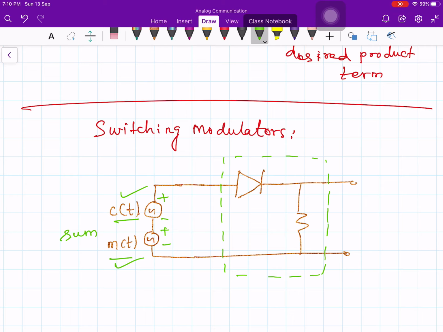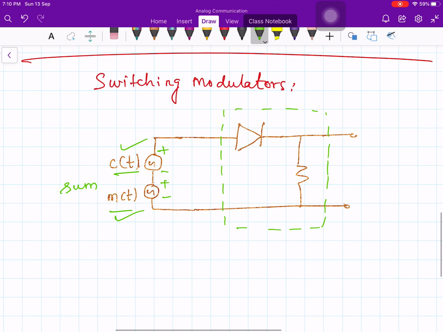Since the diode is considered to be ideal, if you look at the behavior of the output voltage at this point as a function of the diode conducting or non-conducting, basically the diode will go through two phases of operation. In the forward biased mode, it will act as a perfect short circuit between the input and output.